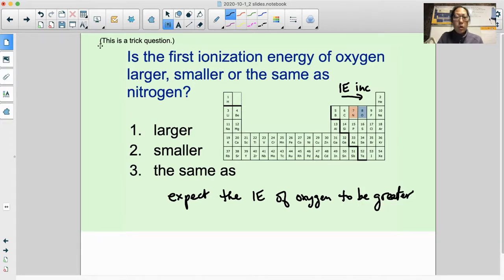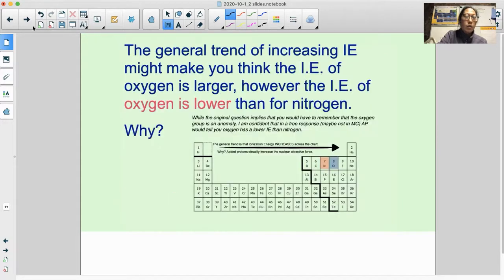But no, unfortunately, there are always exceptions, but this is due to the properties of these atoms. The ionization energy of oxygen is lower than for nitrogen.